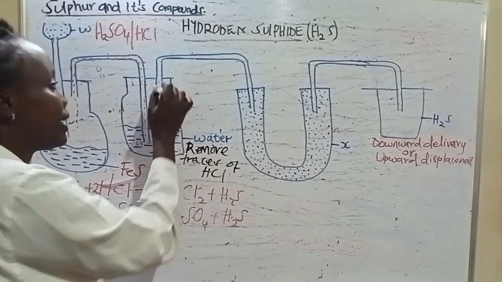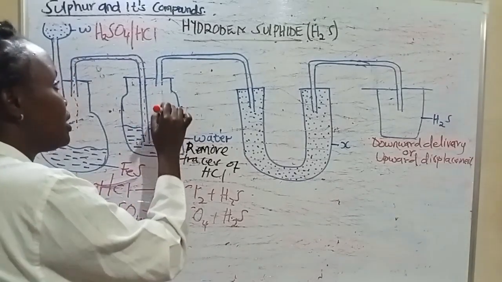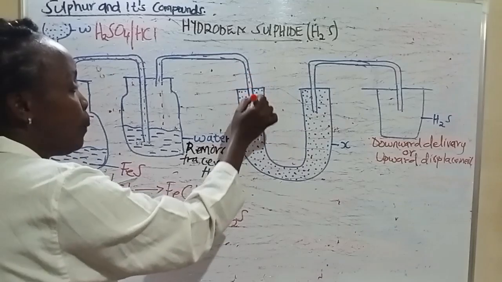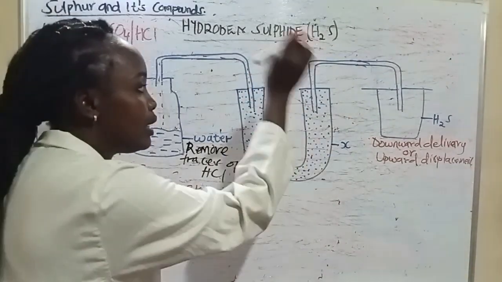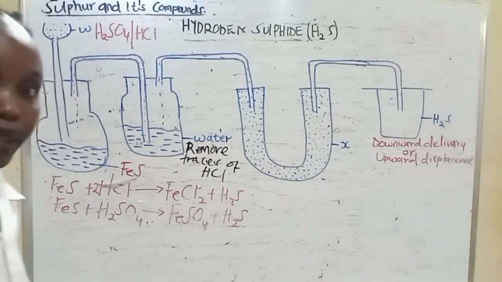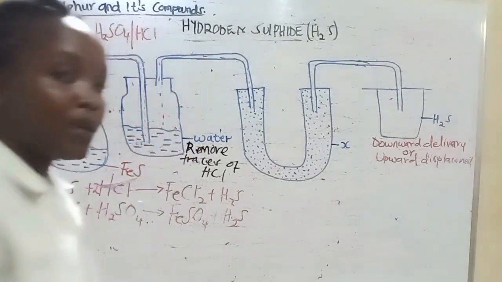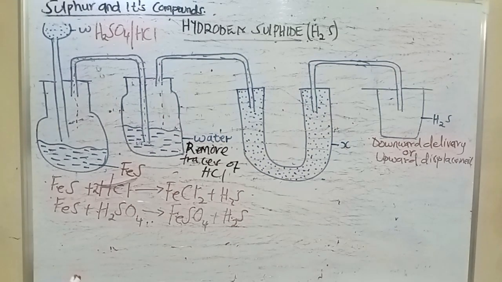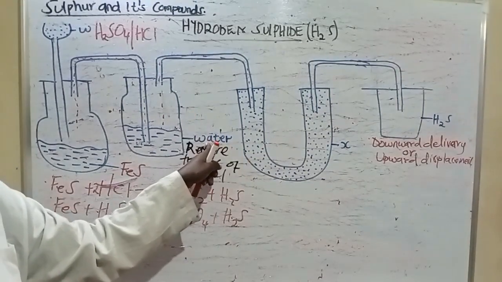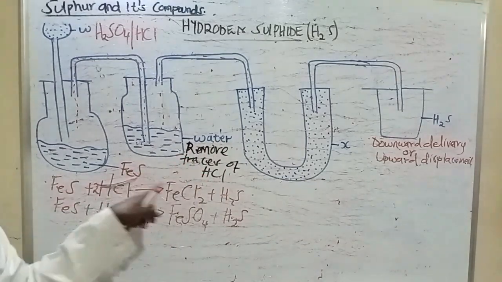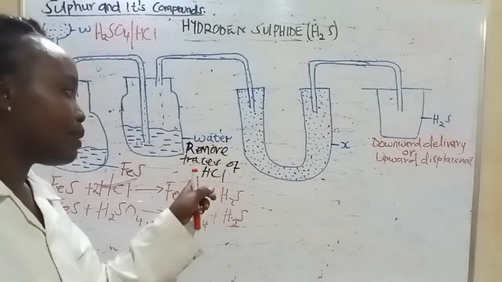The hydrogen sulfide gas is again going to pass through this U-tube channel. This U-tube of ours contains a substance X. Remember, we have passed it through water to remove the traces of our acid, for example hydrochloric acid.